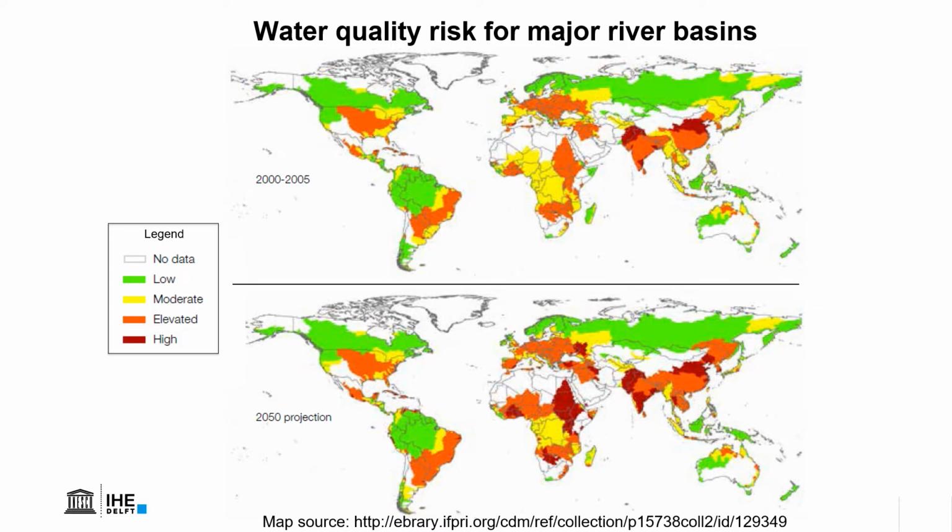In terms of risk to people, this means up to 3 billion people will be at high risk of nitrogen and phosphorus pollution by the year 2050. Next, we will look at environmental degradation and biodiversity loss, also at a global scale.